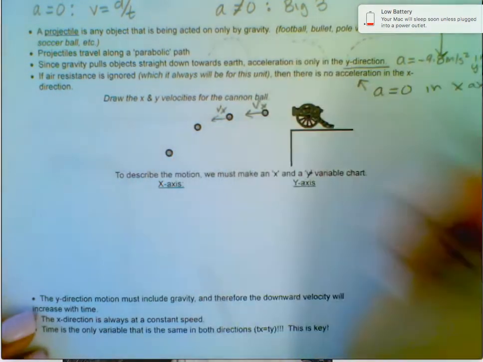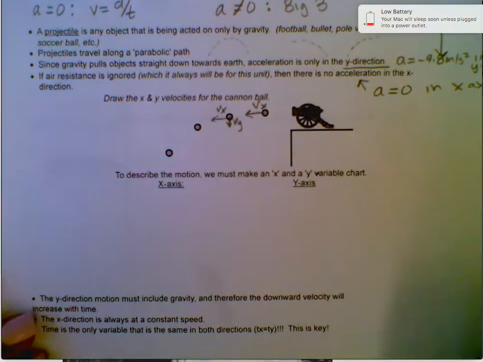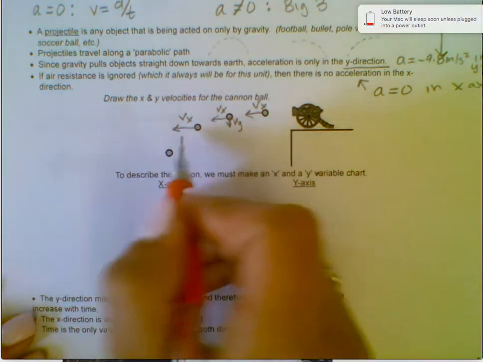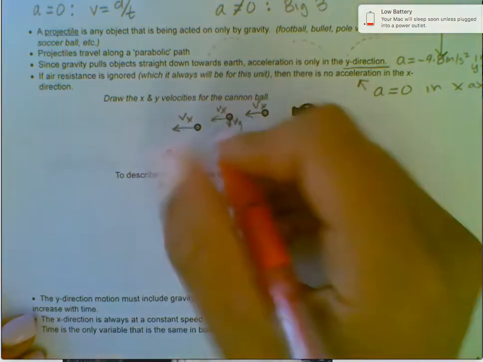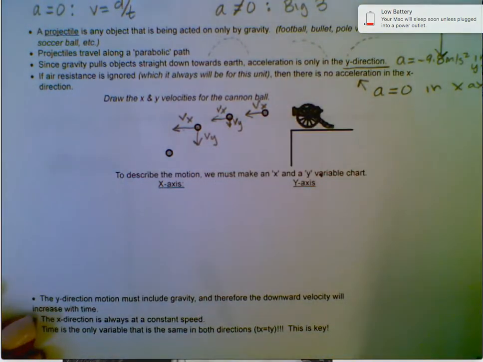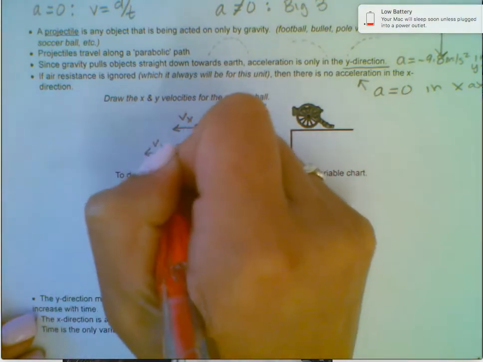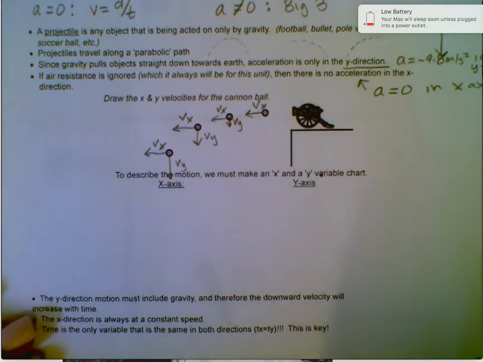So we still have the movement to the left, but we also have a little piece in the y direction going downward. Since there's no acceleration in the x direction, in the horizontal direction, these arrows stayed the same size. Since the acceleration of gravity is pulling the ball down, the Vy gets bigger for every second that passes. So as we continue, Vy gets much bigger. Okay, so that's what it should look like.